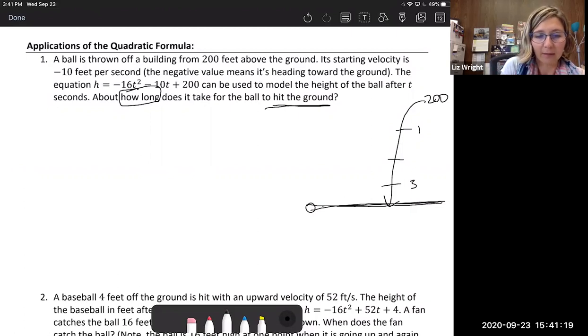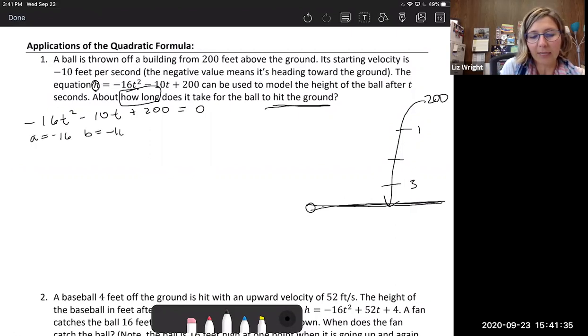For our height for this part right here. And so I'm going to go ahead and just write it as negative 16t squared minus 10t plus 200 equals 0. And then a equals negative 16, b equals negative 10, and c equals 200. And now we're going to plug that into our quadratic formula.